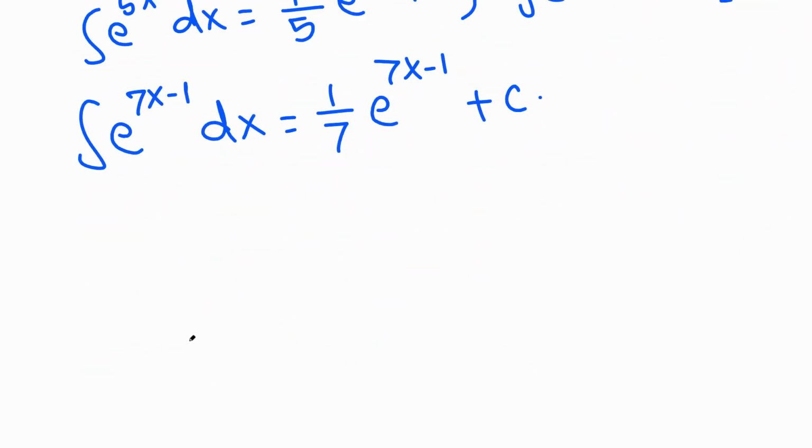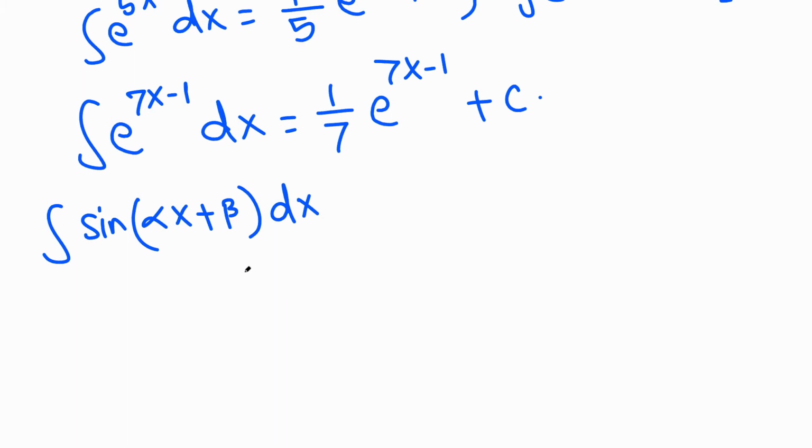Similarly, let's look at sine. When we have sine of alpha x plus, let's say, beta dx, it's a u sub. If you want to go through everything, then this is your u, and you go through all the steps.